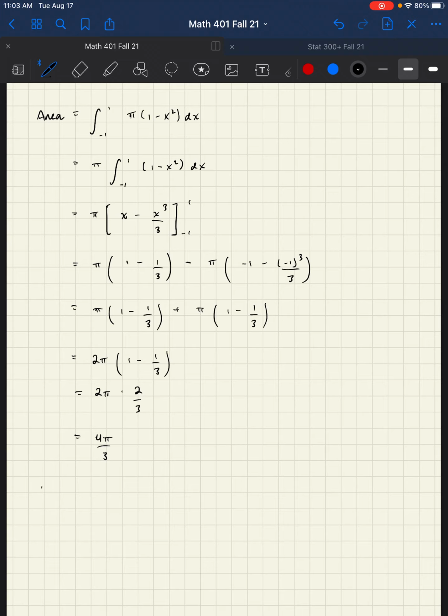So this is saying that the volume enclosed by the unit sphere, so that means radius is 1, is 4 pi over 3 units cubed.